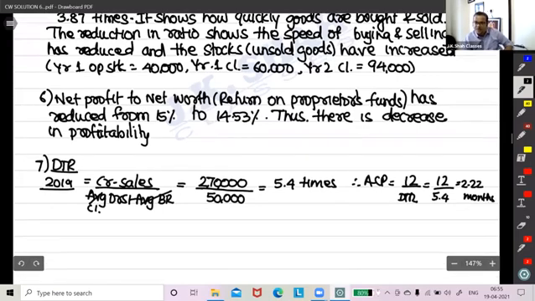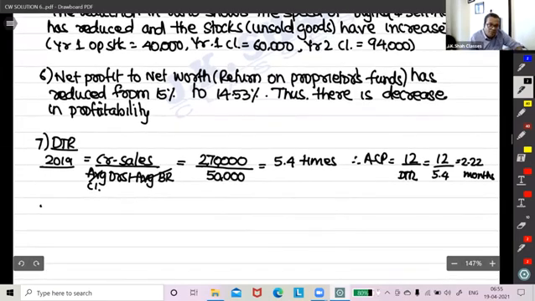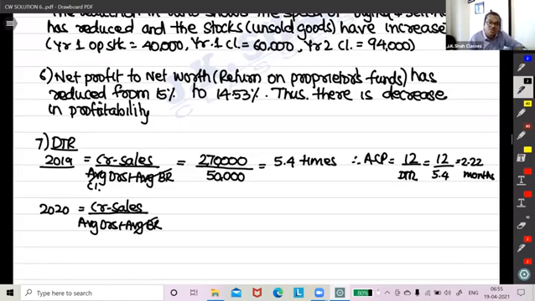Okay. Wait, don't rush. Now, when we talk about 2020, I would write credit sales upon average debtors plus average bill receivable. Bill receivable are not there. Sir, can I do average because I know the opening of 2020, the closing of 2019?